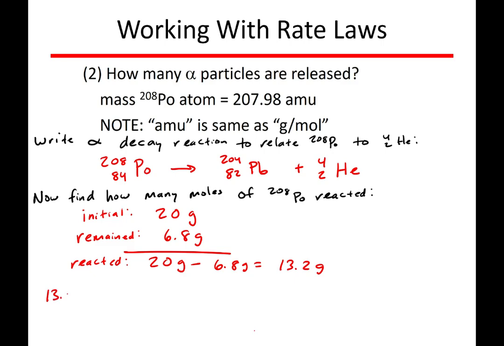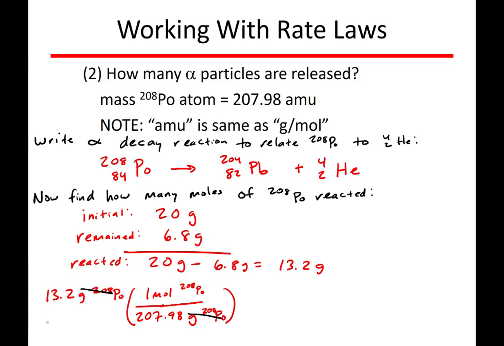So we have 13.2 grams of polonium-208. And then we're going to convert that into moles by using the molar mass, which we were told is 207.98 grams per mole. This now converts us into moles of polonium-208.